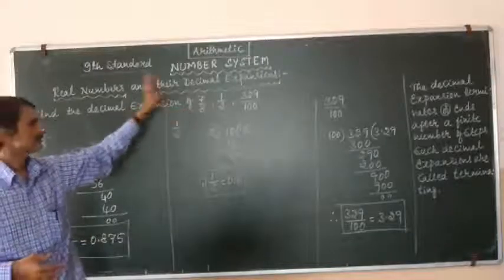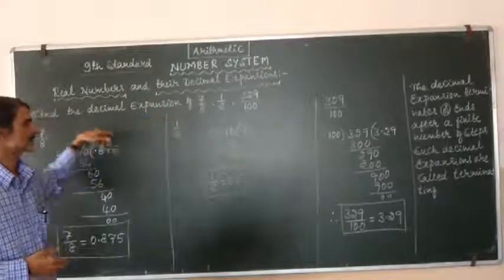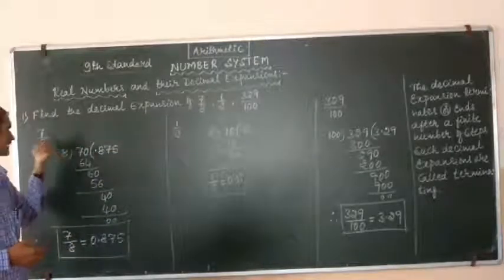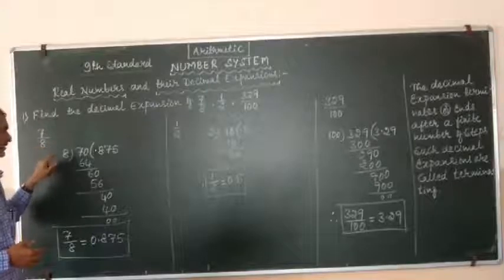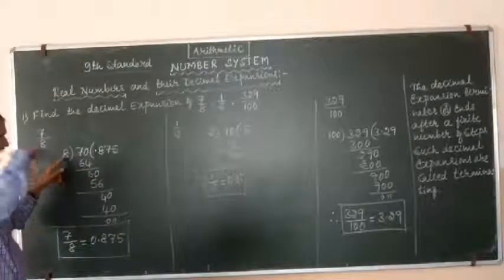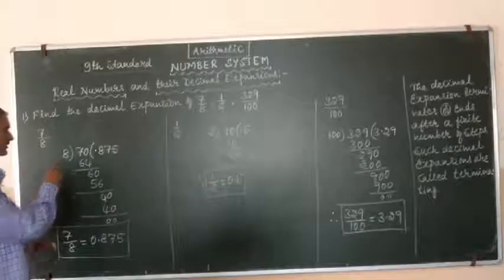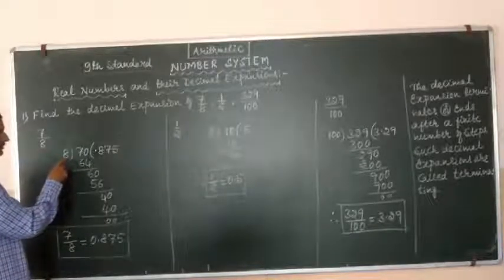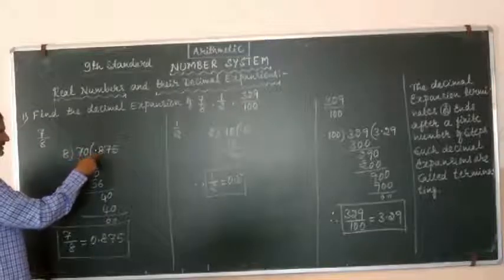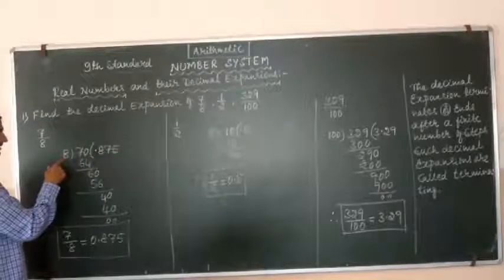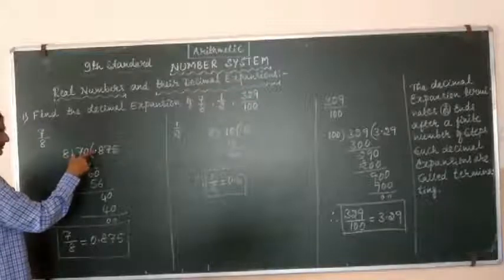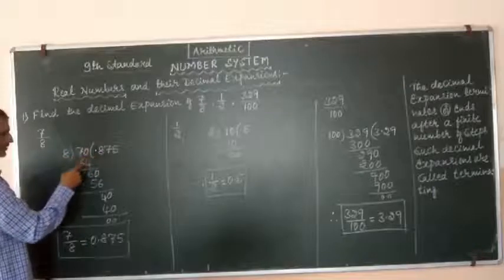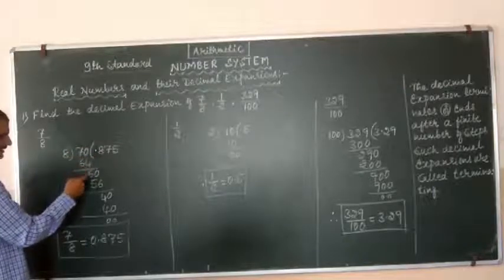First, we have to convert 7 by 8 to decimal form. So divide 7 by 8. We will get the value 0.875. That means we have to put the point here. We get 0. 8 8s are 64. The remainder is 6.